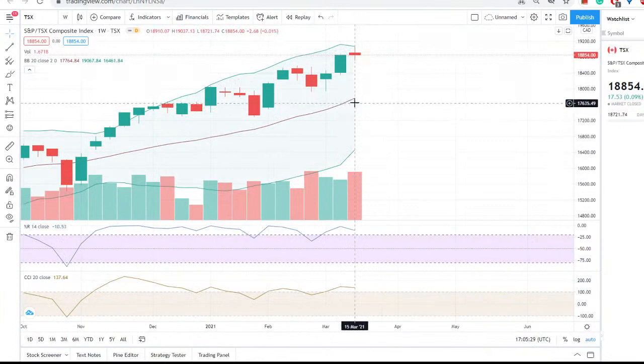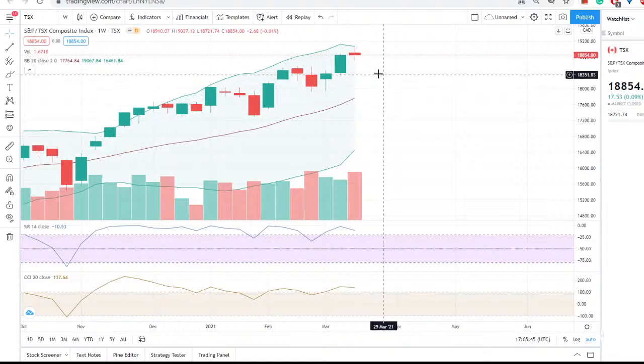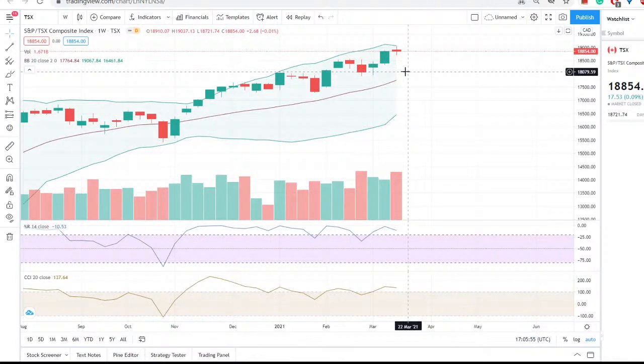Though the mid Bollinger Band is up and the lower Bollinger Band is up, since this upper Bollinger Band has turned slightly downward, you could expect the trend to be downwards, and gradually this mid Bollinger Band is getting stretched up, and once it reaches a level around 18400, it would be the level around which it might touch the mid Bollinger Band on the weekly chart, and from there it would be good to watch for about a week to see if it reverses from the mid Bollinger Band or it can go further down.